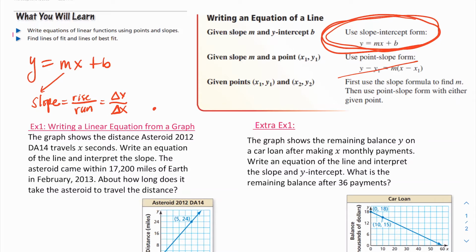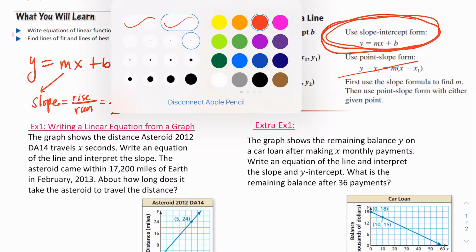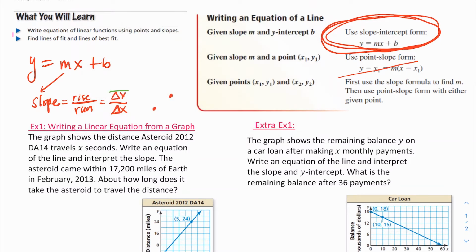So if you have this point and this point, then the change in y is how much you go up, and the change in x is how much you go to the right or left to get from one point to another, and that gives you slope, which is rise over run. In a picture you can kind of just count and see how you get from one point to another.